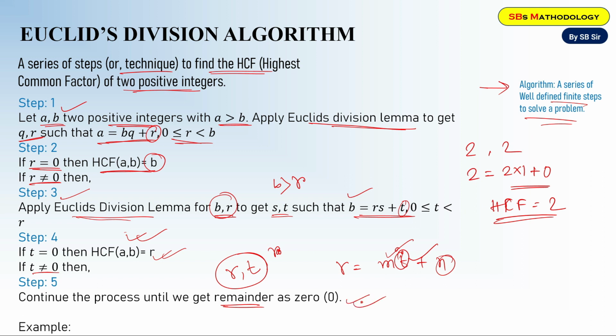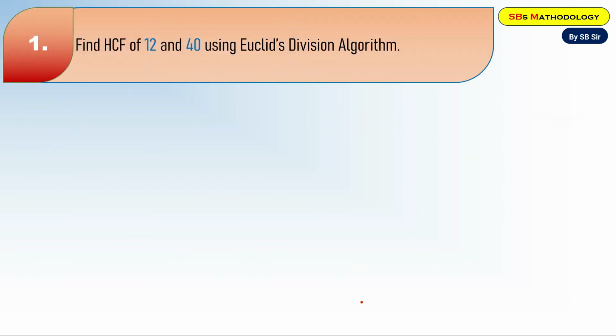So we have to continue the process until we get the remainder as 0. Now let us understand this Euclid's division algorithm with an example. Find the HCF of 12 and 40 using Euclid's division algorithm. First we have to understand which number is greater and which is smaller. You can easily say that 40 is greater than 12. Now by dividing 40 by 12, we get 12 threes are 36 and 4 as remainder.